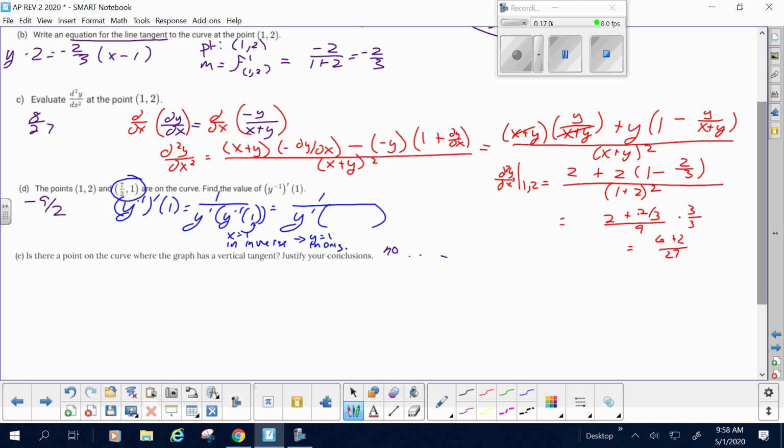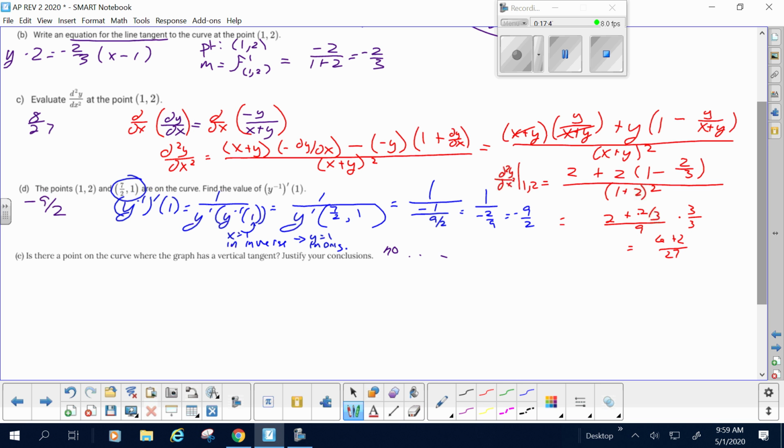That's this guy. And so we're going to use the point (7/2, 1) in the derivative. If I use (7/2, 1) in the derivative, then I get negative 1 over x plus y, which is 9/2, and that is negative. That's 1 over negative 2/9, which is negative 9/2. That is a mess.